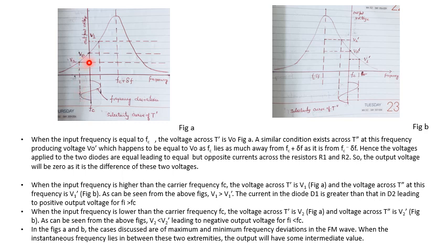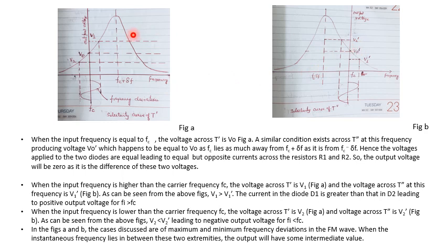This is the value of V2 on the upper circuit, and at the minimum frequency, the output across the tuned circuit T double dash is V2 dash. Comparing these two voltages, V2 is smaller than V2 dash.